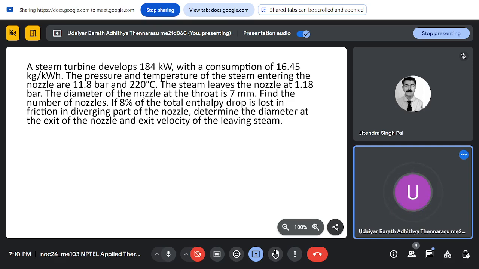Then we need to find out the number of such nozzles used. In the diverging portion of the converging diverging nozzle, there is 8% enthalpy drop due to friction. We also need the diameter at the exit of the nozzle, that is the divergent portion at the exit, and then the exit velocity of the steam.